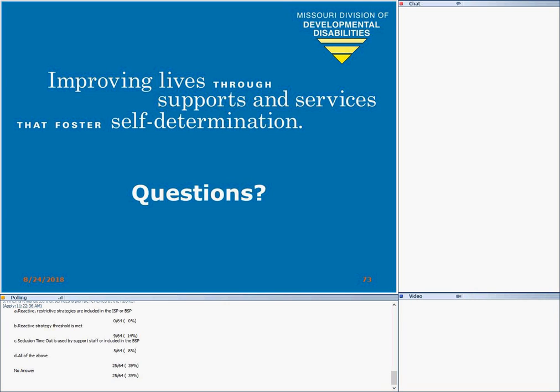If they're reportable events, we should be getting incident reports on them, and we can track those reportable events. But if you're implementing restrictive, reactive strategies, if your staff are using them, if you're part of a support or planning team in which those are being used, it's the support and planning team's responsibility to track them.